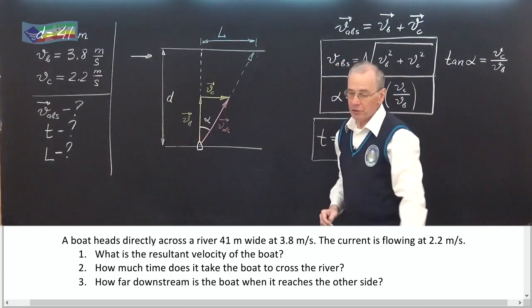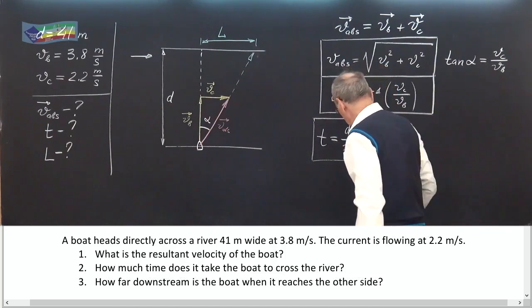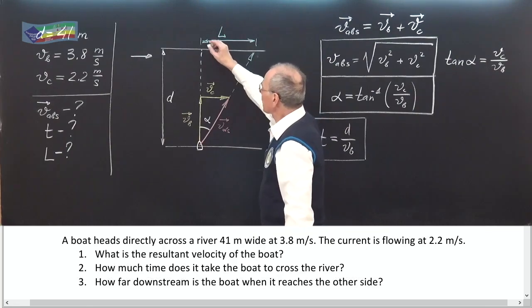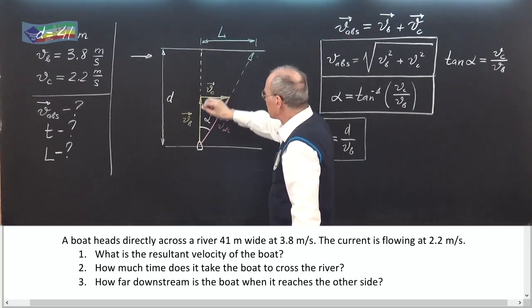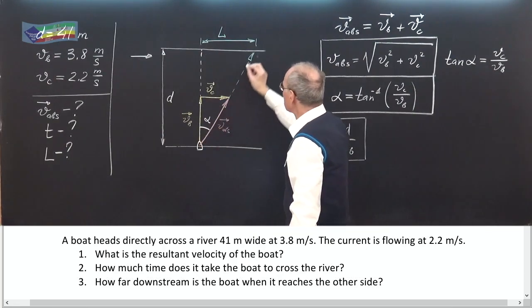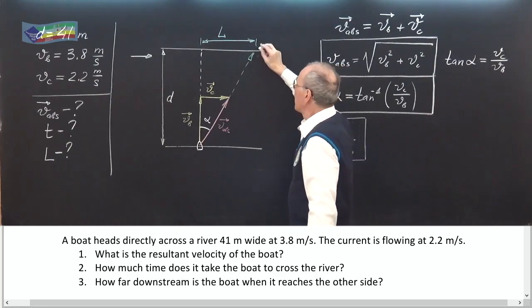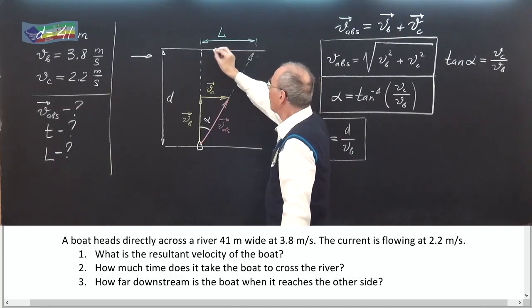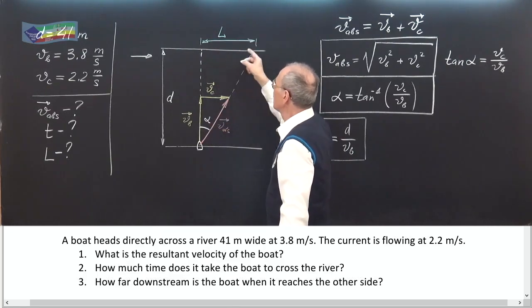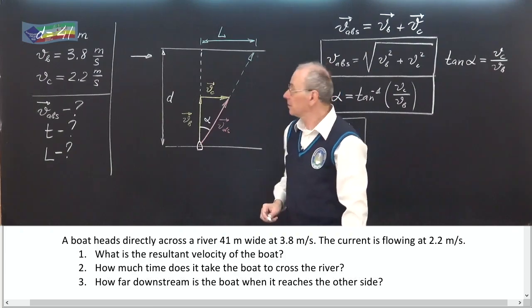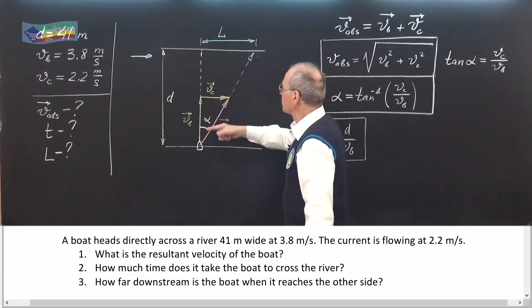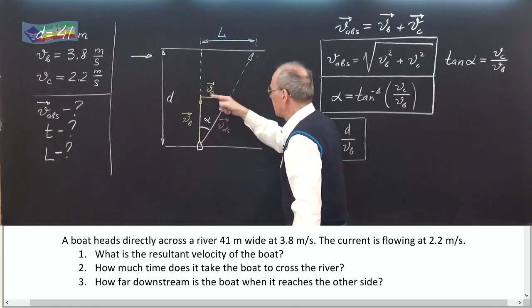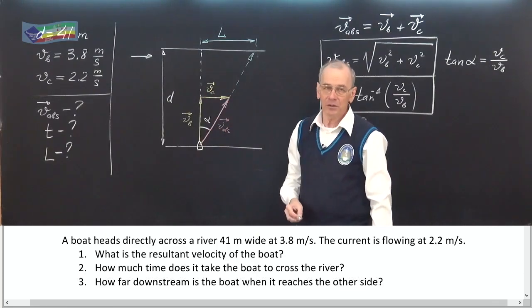We have two similar triangles. One triangle is formed with leg D, leg displacement and hypotenuse displacement, and the leg opposite to alpha is the downstream shift. This is the first triangle. This triangle is similar to the triangle of velocities.